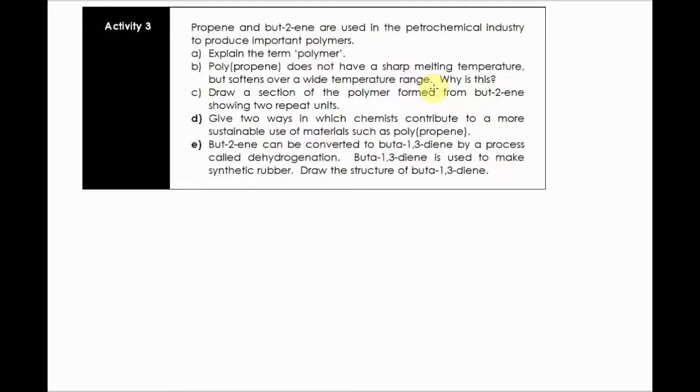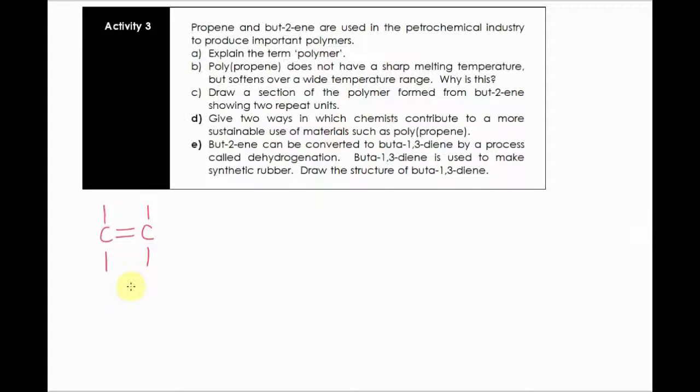Draw a section of the polymer formed from butene showing 2 repeat units. So we'll do that the way it's been recommended on the course. With an alkene, the thing to do is to draw the carbon to carbon double bond horizontal like that, and then put the 4 groups on like this.